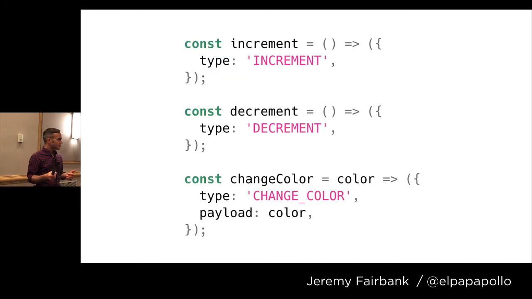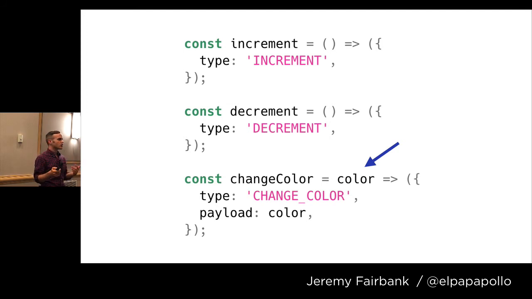So we'll introduce our action creators that we talked about earlier. We already saw increment and decrement. We'll introduce a change color action creator now, and that's going to be responsible for changing the color of that car. Now these action creators don't have to be parameterless. You can actually give them parameters, and that way they're configurable.